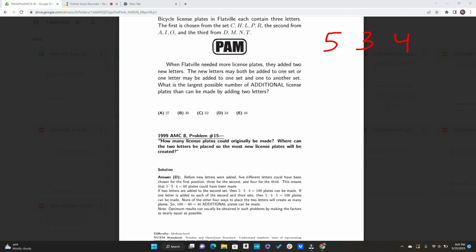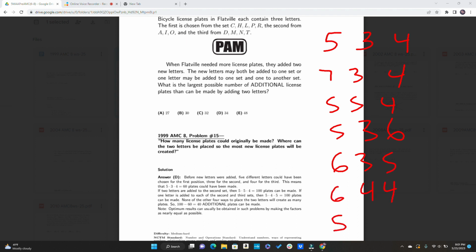So that means we could either have 7, 3, 4, 5, 3, 6, or some other combination like 6, 3, 5, 6, 4, 4, or 5, 4, 5, right? That's the 6 ways to do it.